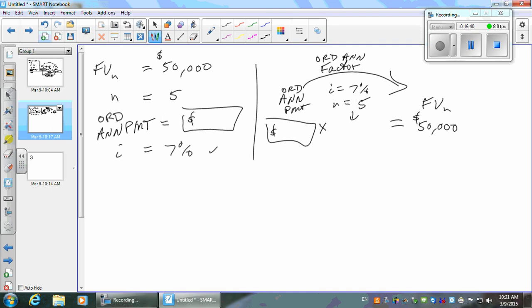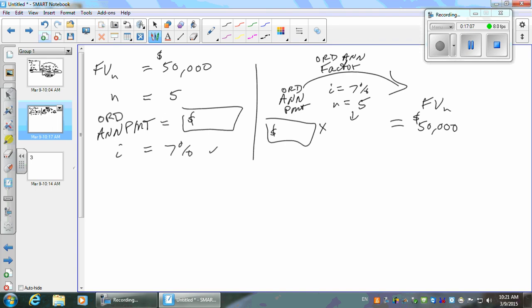$5 plus the future value, plus the interest. So these deposits, you think you're going to deposit a whole 50,000, or less than that? Less, of course, because you're going to add interest. So I want the ordinary annuity payment to be something less than $10,000, because I don't need to deposit the whole 50.